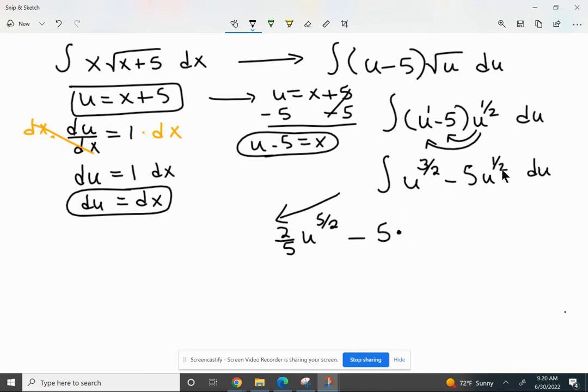And now find the integral of u to the 1/2. U to the 1/2, add 1: 1/2 plus 2/2 would be 3/2. Now instead of dividing by 3/2, I could think of it as 1 over 3/2, which is basically just flipping it to 2/3.